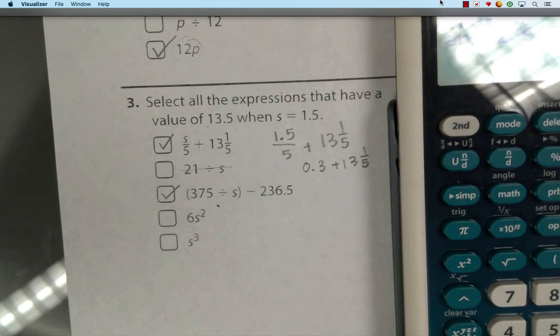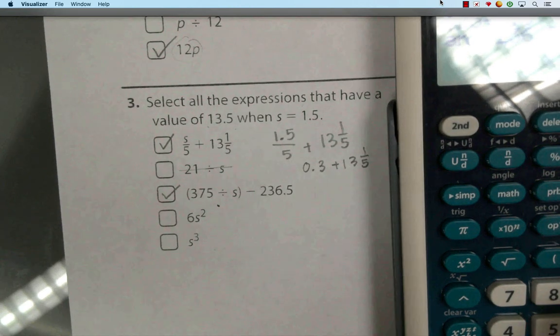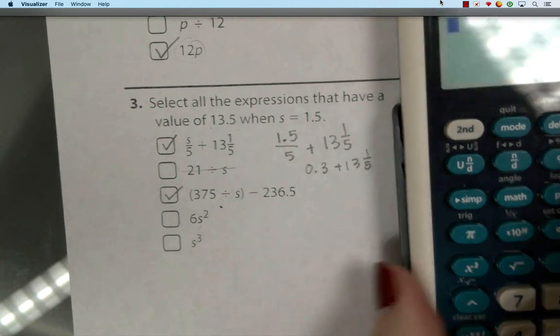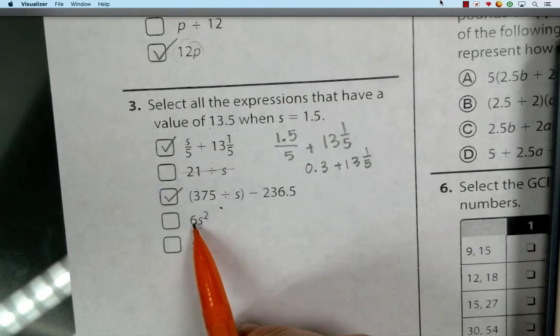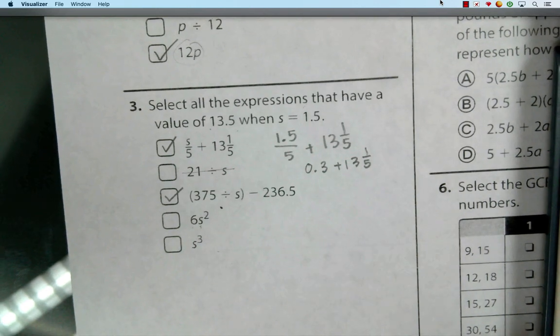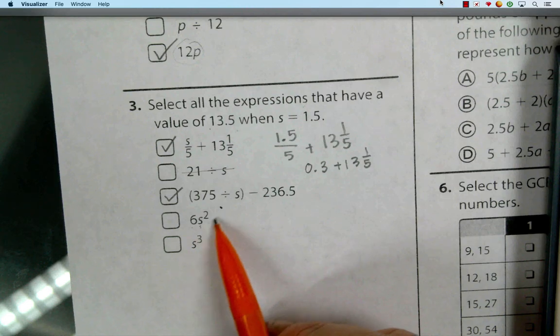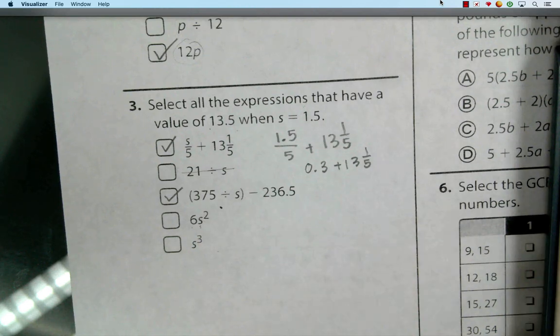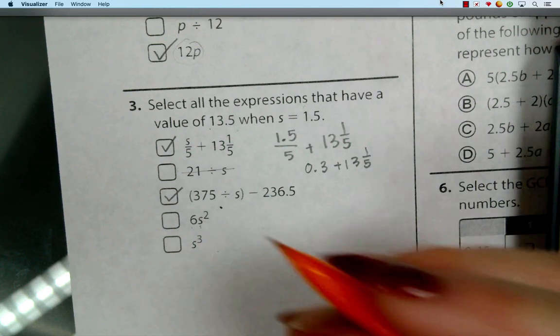And then I have 6 times S squared. So remember, whenever we have a coefficient next to a variable, that means we're going to multiply. But in this expression, we have exponents, which our order of operations tells us exponents first.